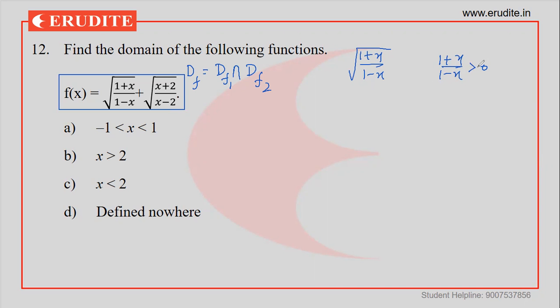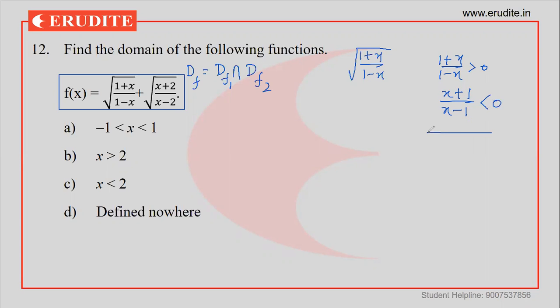To attain a positive value, I need to consider the number line. As it is 1 minus x, I can write it as (x plus 1) by (x minus 1), which should be less than 0.